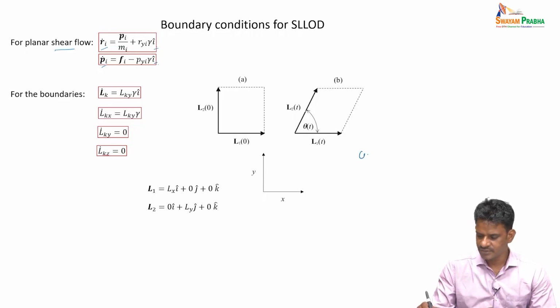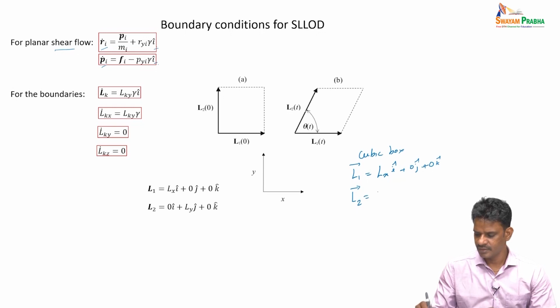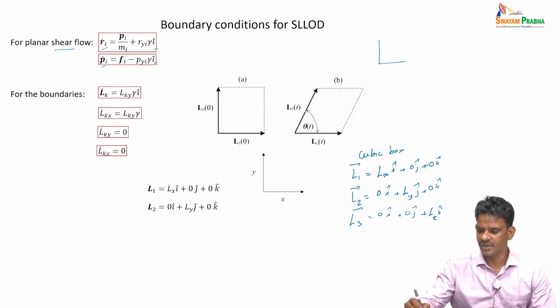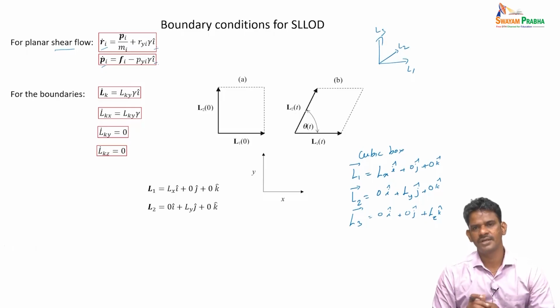For example, if you have a cubic box, we have the L1 vector as Lx i, and then the L2 vector would be... so this is basically a set of orthogonal vectors, L1, L2 and L3. So once you have these three vectors, you can describe the box.